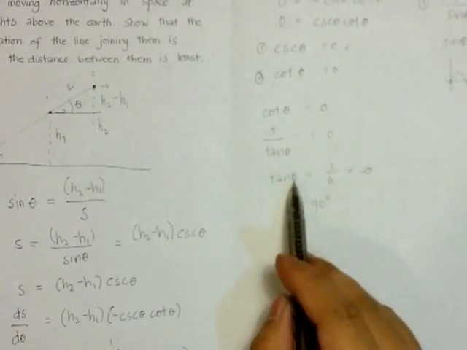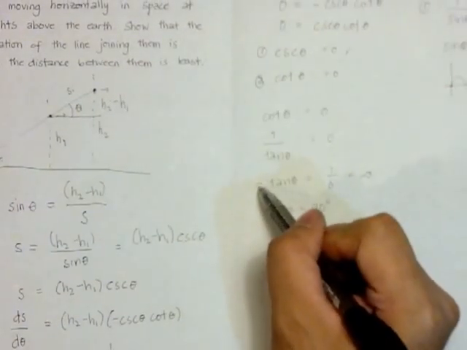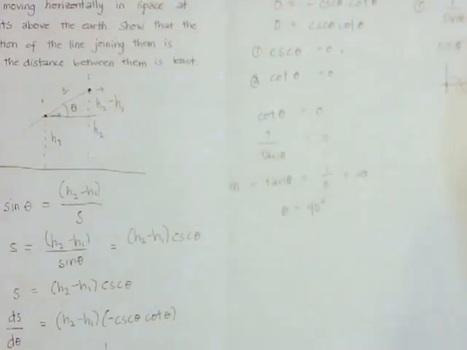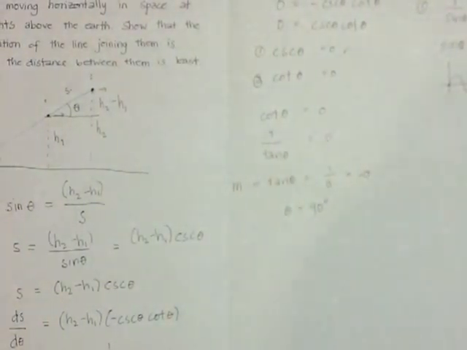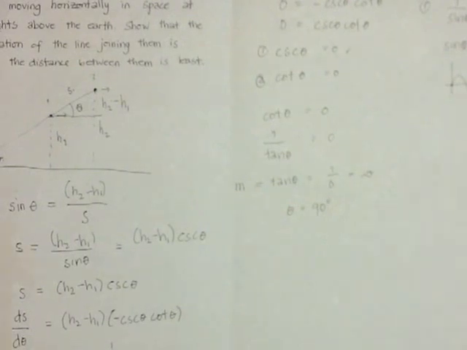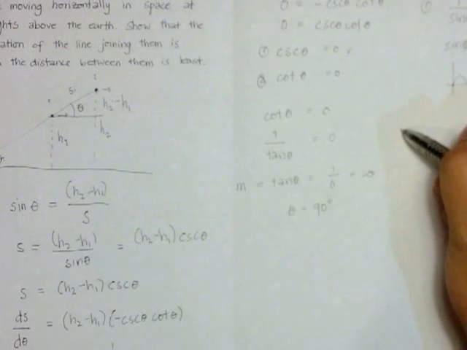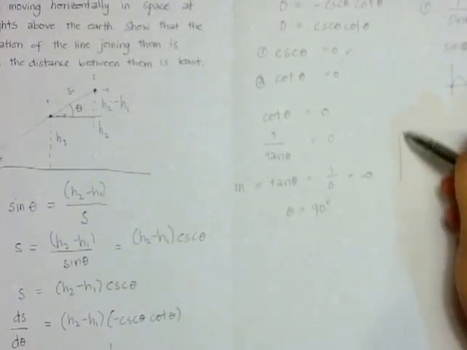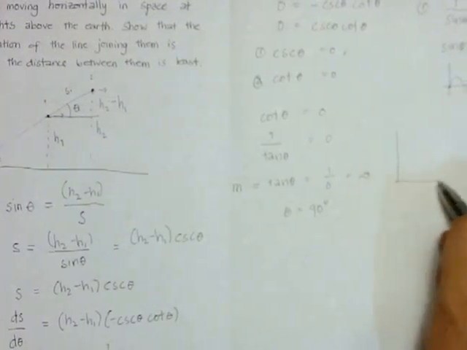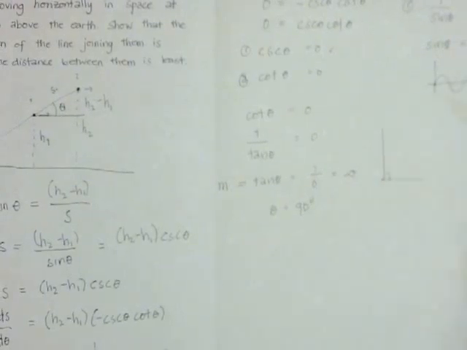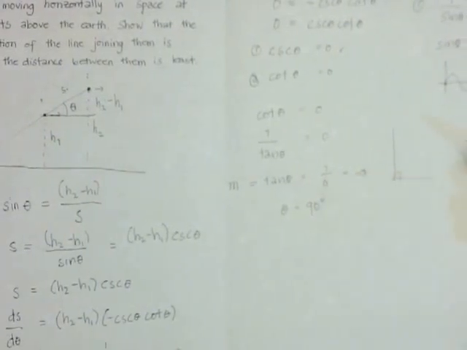We can also relate tangent theta equal to infinity because tangent theta is just the slope of the line. So if you can still remember in analytic geometry, the slope of the vertical line, which is 90 degrees, is undefined or infinity.